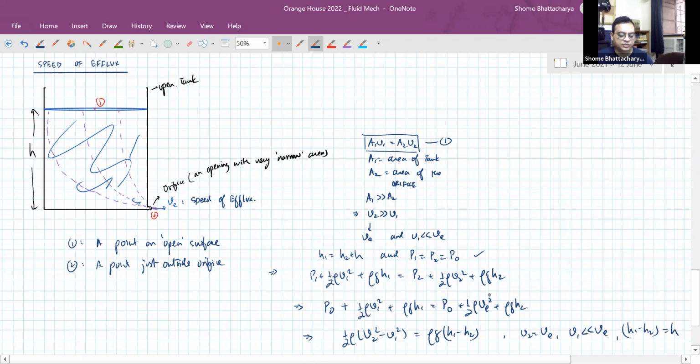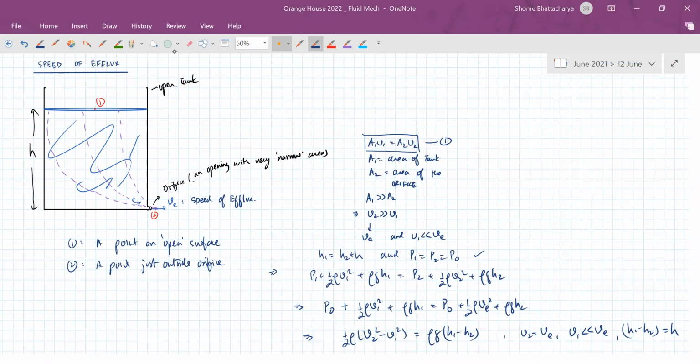So just note down up to here, we'll discuss the final step, or you can substitute and work it out yourself. Again, this is a standard formula that you have to memorize.